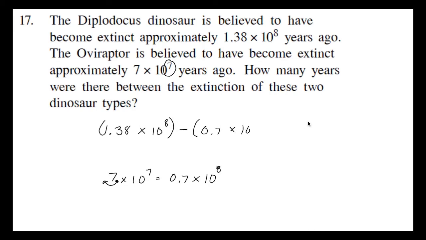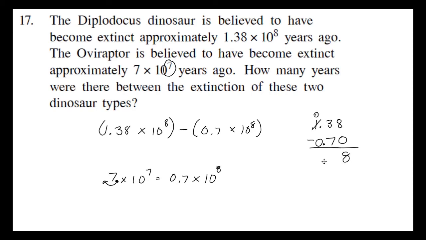So let's take our 1.38 and we're going to subtract our 0.7. So it looks like we're going to have to fill in that space right there. And then when we subtract, we get 8. We need to borrow. 13 minus 7 is 6.